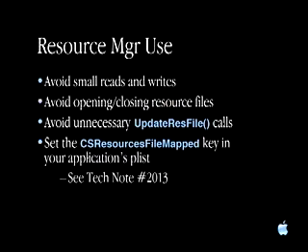If you set this, it's a Boolean key, if you set this to true, it'll change the behavior of the resource manager with respect to your application's resources. What it'll do is open them up read-only, so you can't write to them, and it'll file map them. And then there's some support in the memory manager to support file mapping so that we don't have to allocate for the data that's in your resource fork, which saves on your memory footprint.